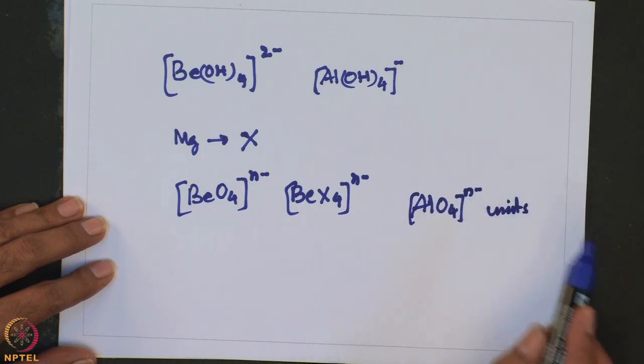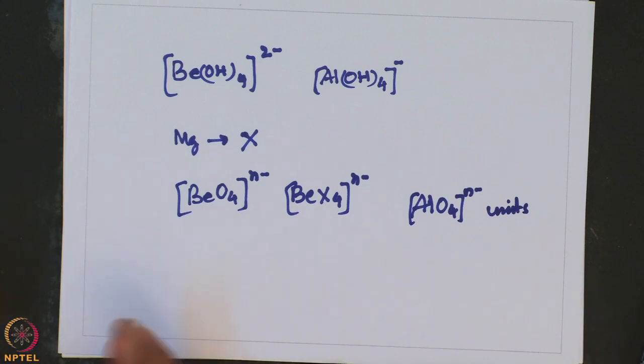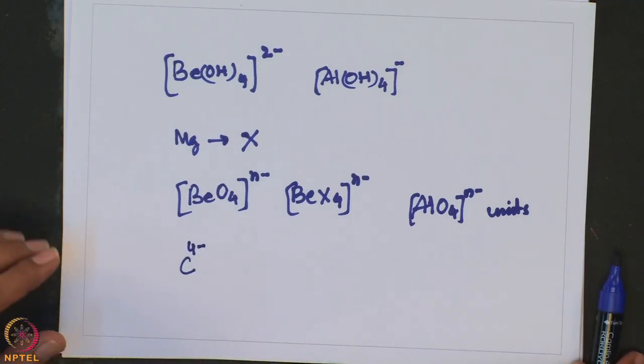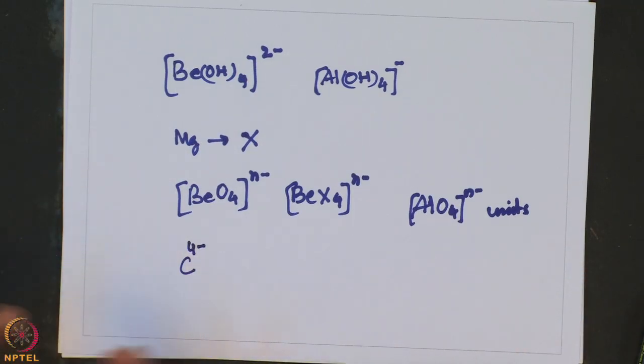So, this shows the similarities in the reactions and properties of beryllium with aluminum, and both elements form carbides that contain C4 minus ion. Of course, in carbides these ions will be there, and which on hydrolysis or reaction with water produce methane.